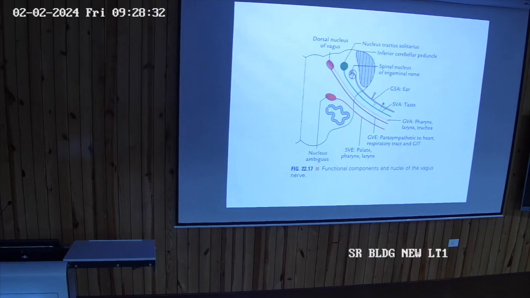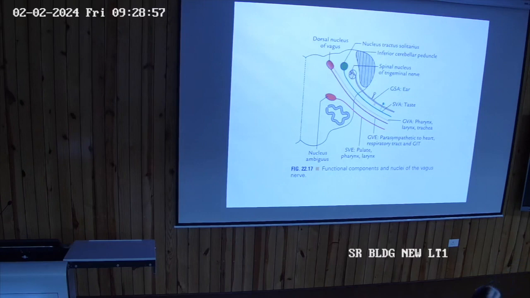Now come to the part general visceral afferent. As I am using the word general visceral afferent, that means it is carrying sensation. Look here, general visceral afferent. These are carrying the general sensation from the pharynx, larynx, and trachea. No doubt, the motor fibers supply the muscles of pharynx and larynx.